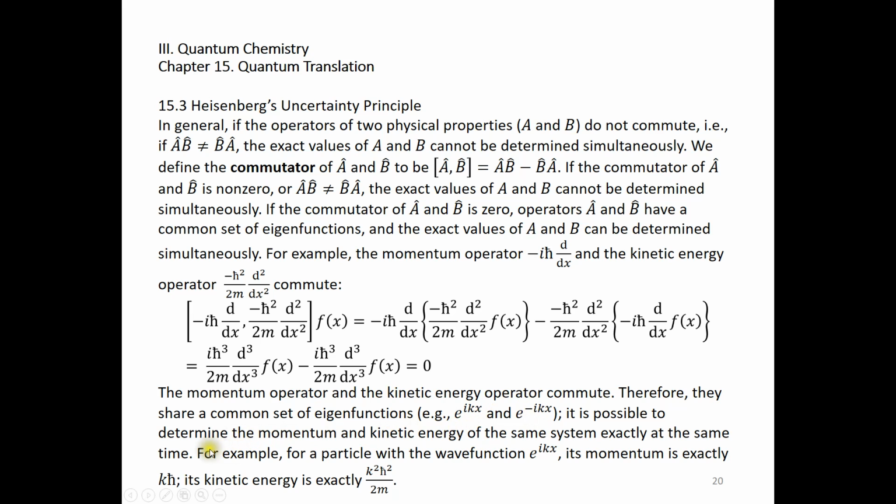Now it is possible to determine the momentum and kinetic energy of the same system exactly at the same time. For example, when we have a particle with this wave function, its momentum is exactly k h bar. Its kinetic energy is exactly k squared h bar squared over 2m.